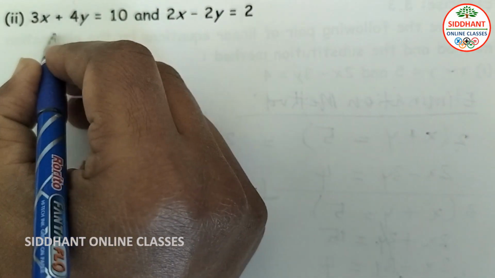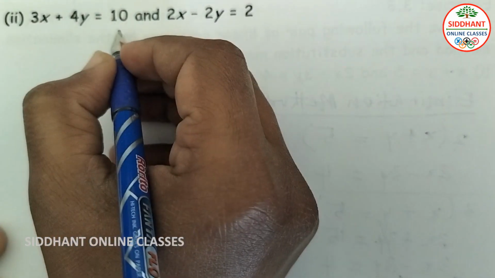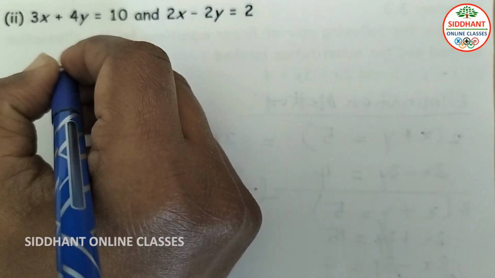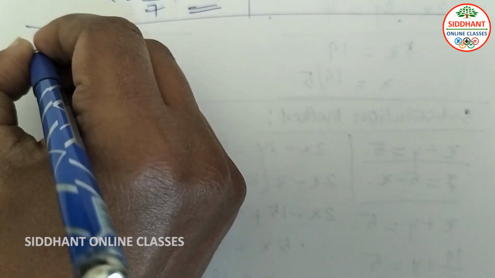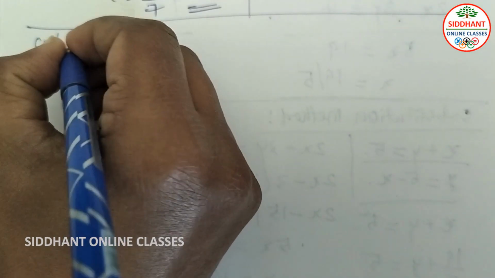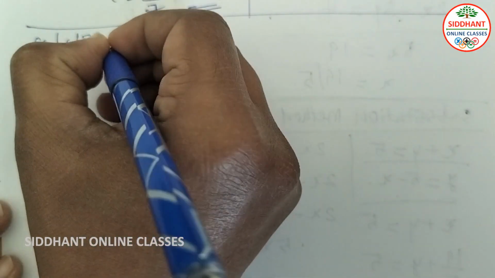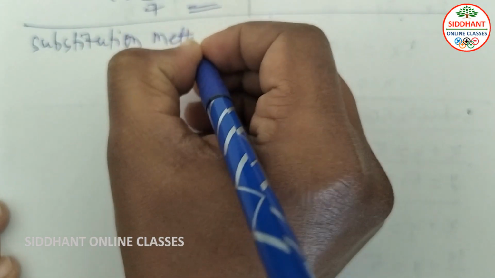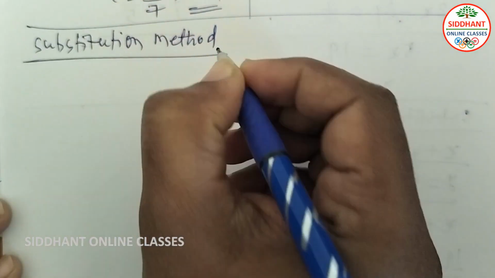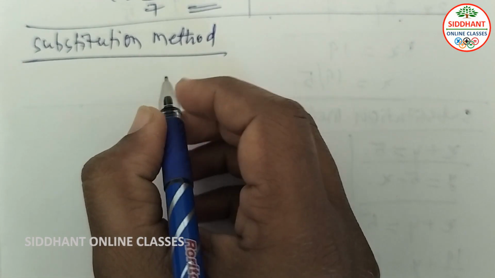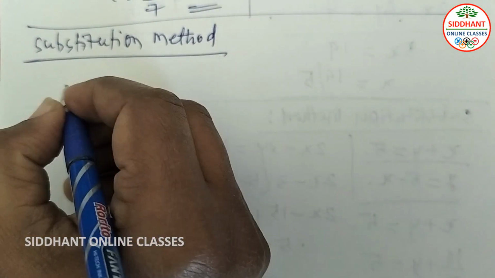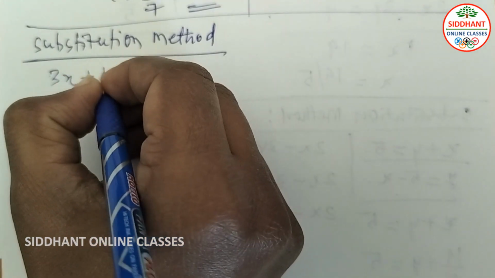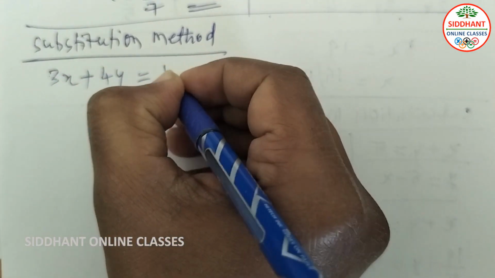Question number 2, 3x plus 4y equal to 10 and 2x minus 2y equal to 2. So now we are going to see the substitution method. We have the first equation, which is 3x plus 4y equal to 10.